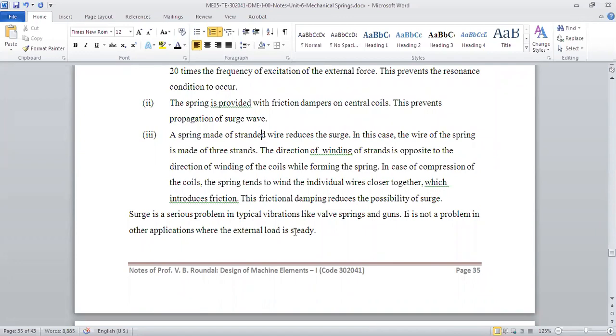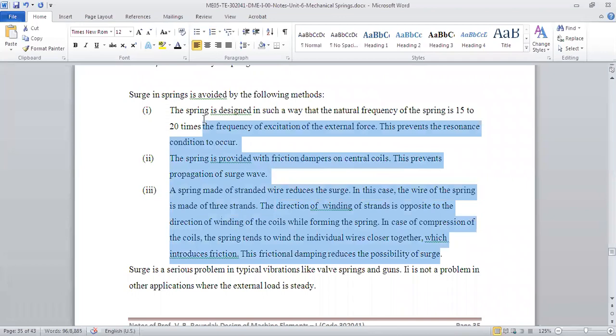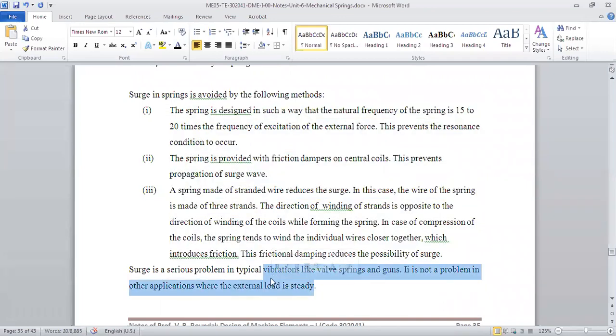When the load is steady, when we apply the load and it remains the same, the surge will not come into the picture. Surge comes into the picture only when there is frequency, a cycle.